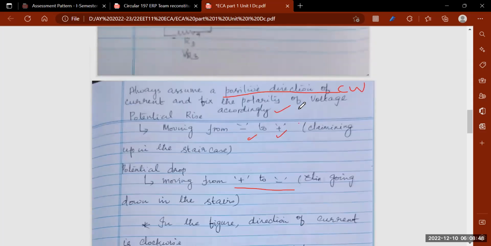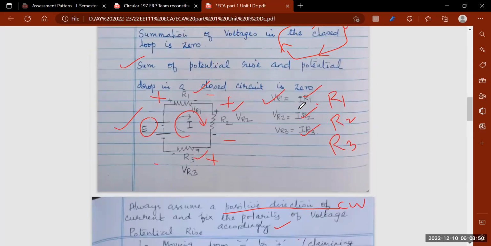So coming back to the figure, this is my assumed direction of current. For E, I am moving from minus to plus, so this is assigned a positive sign. For R1, VR1 is the voltage, and I am moving from plus to minus, so it is a potential drop.